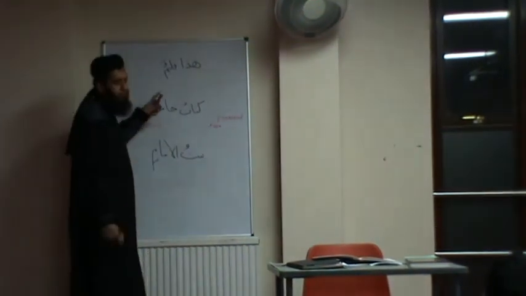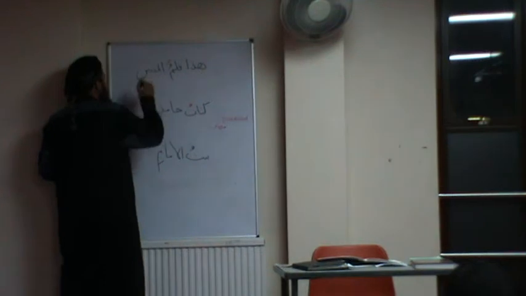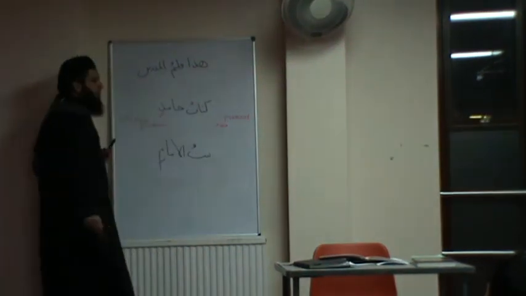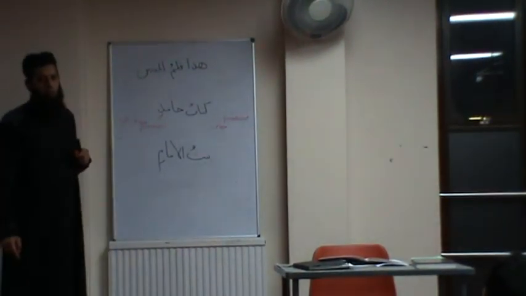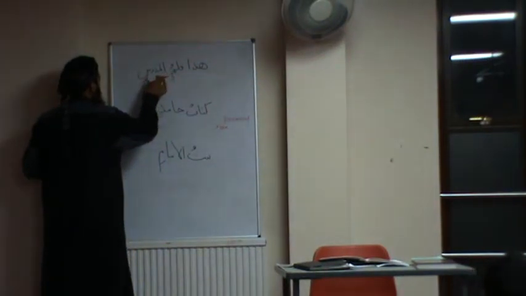Hada qalamun, translate. This is a pen. But now if I say to you hada qalamul mudarrisi, can I say qalamun now? No. So we remove the dhamma. Hada qalamul mudarrisi. This is the teacher's pen.